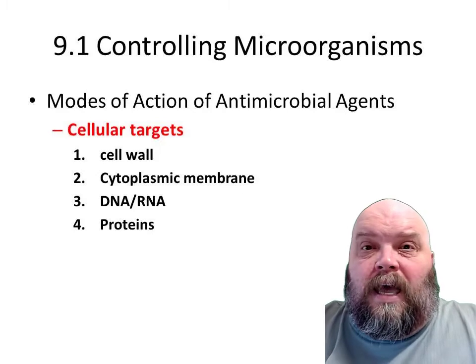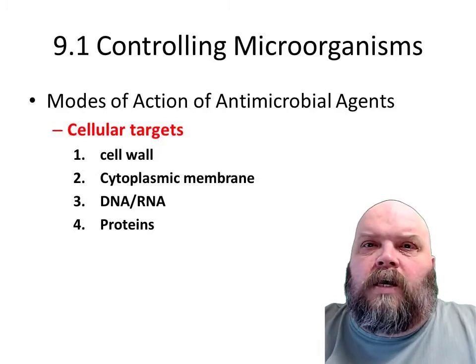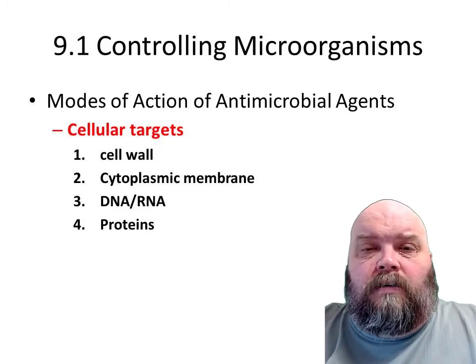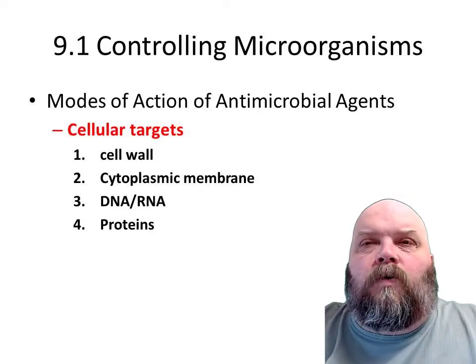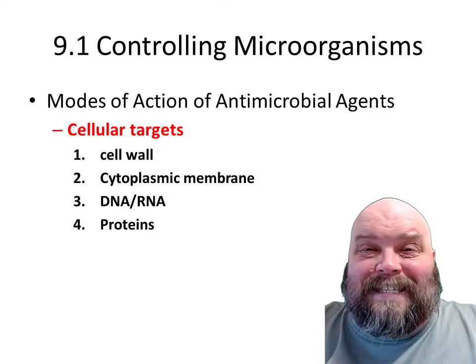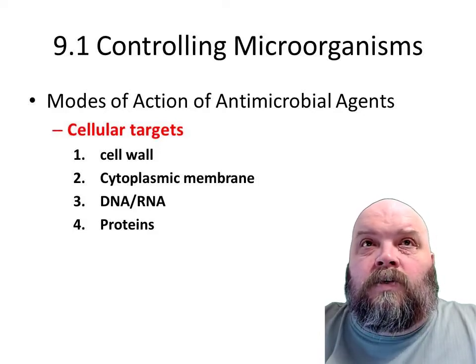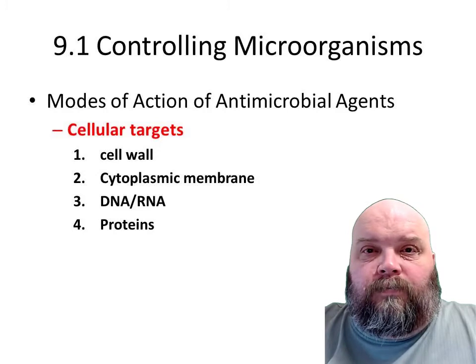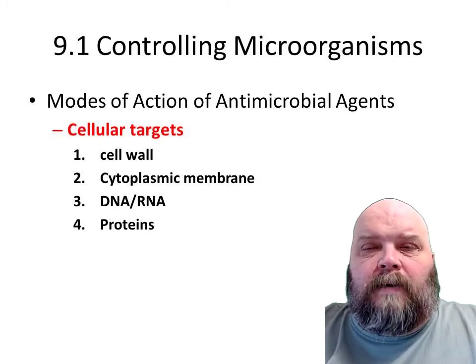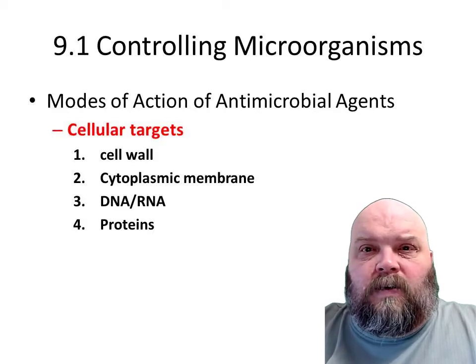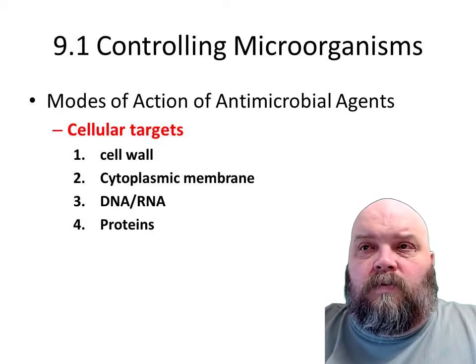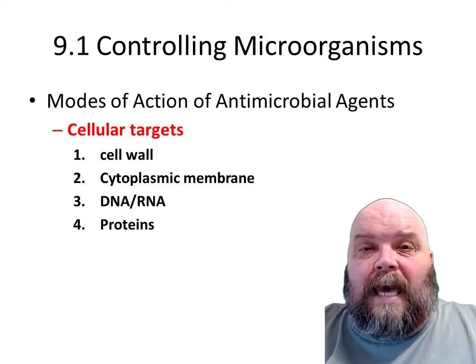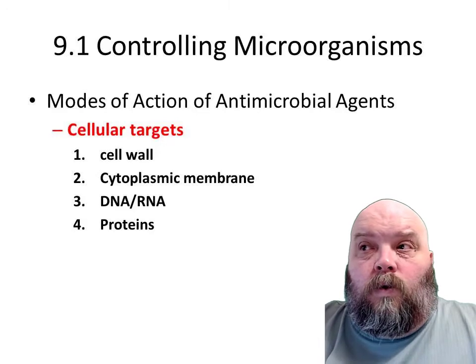Maybe there's an enzyme pathway you can interfere with that will mess up, slow down microbial metabolism. Folic acid synthesis is great for this. Sulfa drugs, one of the original antibacterials that were developed, interfere with folic acid synthesis.